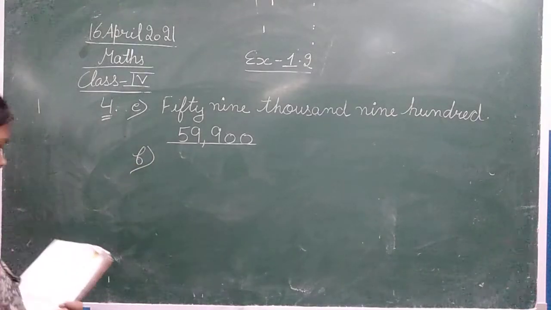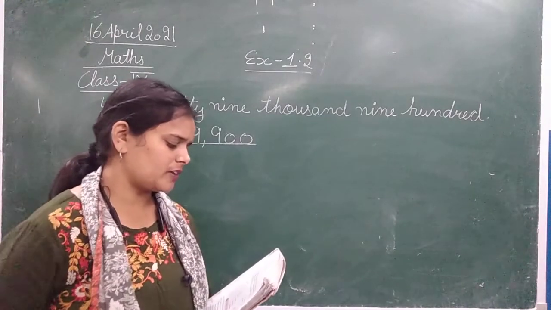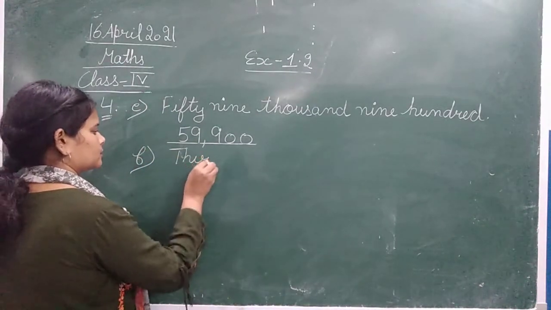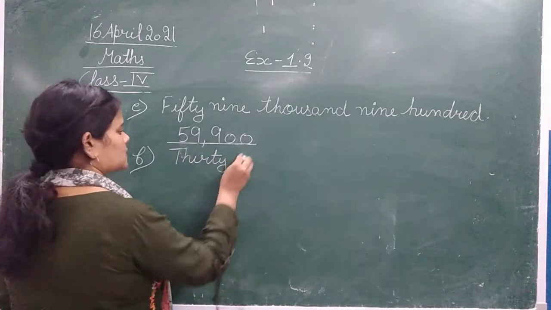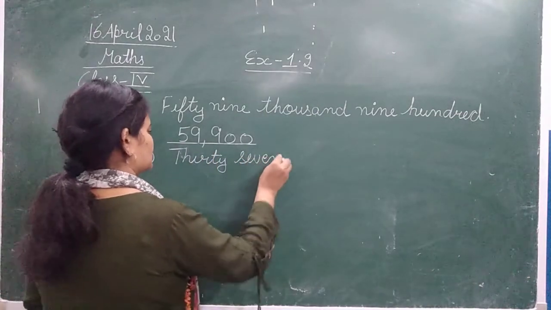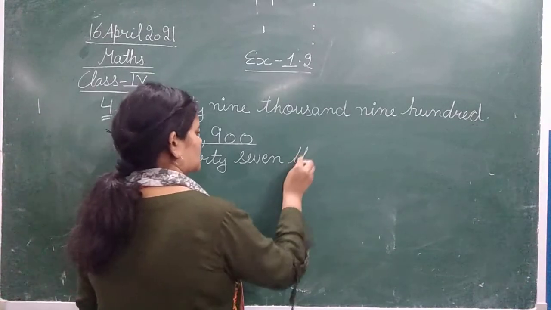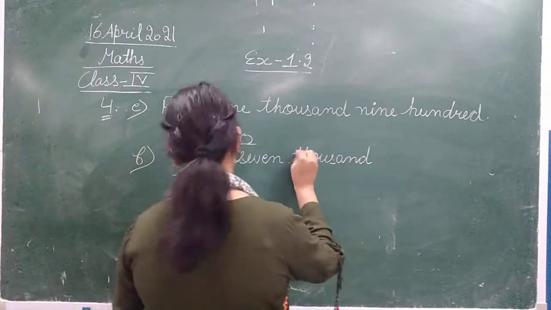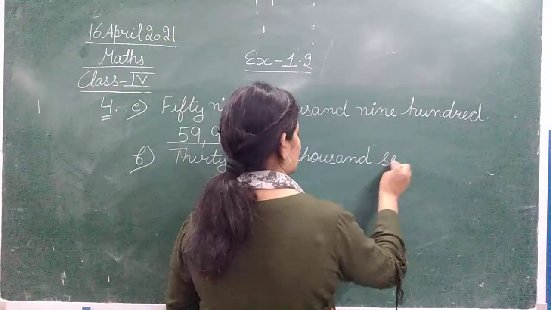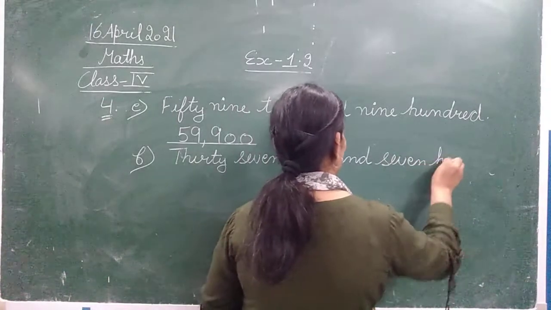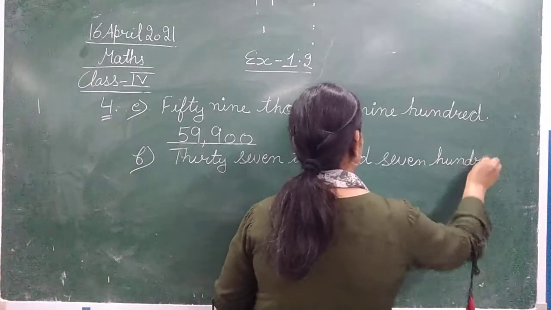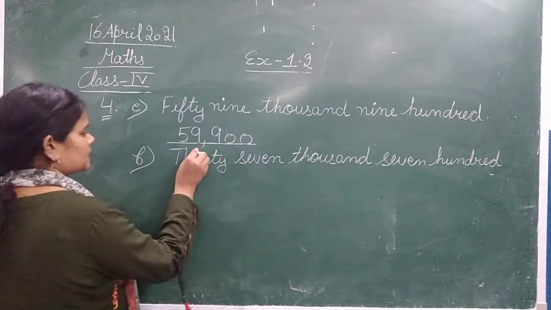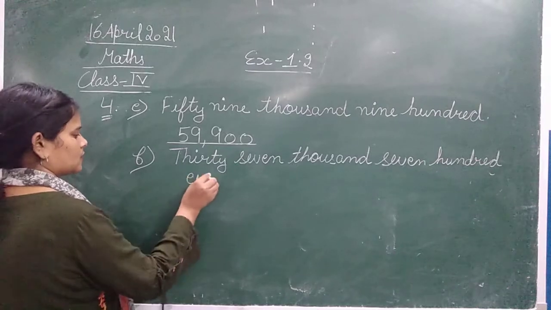Moving next to the F part. The F part is 37,708.